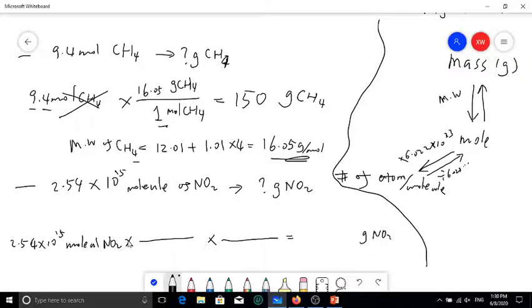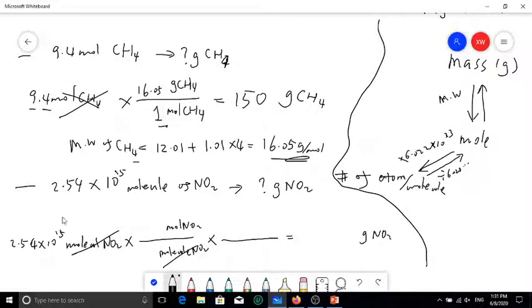So the first thing you're going to try to get is, according to this flow chart, you have to go through the mole as an intermediate, so moles of NO2 on top. It's very important to specify you're dealing with this compound only. Now the molecules of NO2 down here are going to be cancelled if you put a 1 down at the bottom. This is going to be the definition of Avogadro's number.